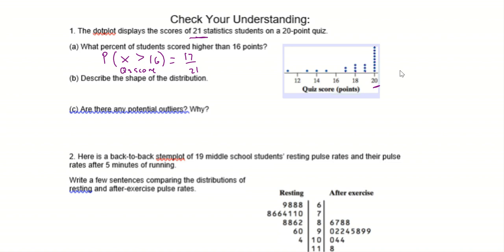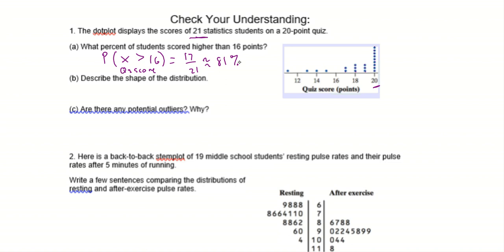We take 17 divided by 21, and if you can do that on your calculators, you get about 81%, or approximately 80.9, but I'm just going to go to 81%. So approximately 81% got a score higher than 16 out of 20.